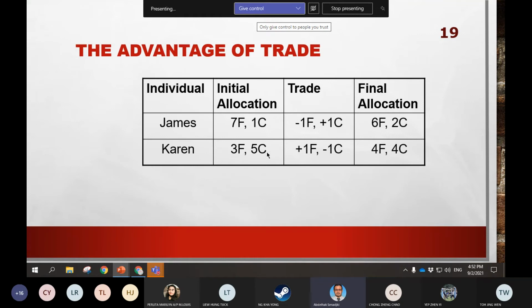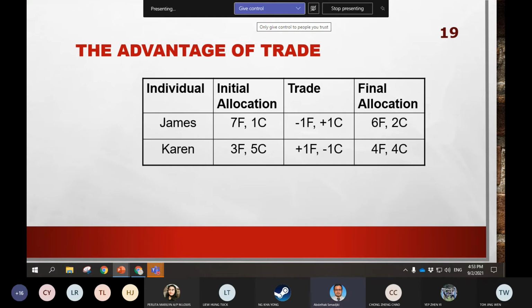But Karen is willing to give up 3 clothes to get 1 food. So James values clothing more highly than Karen does. Whereas Karen values food more highly than James does, because Karen has less food, so she values the food higher. James has more food, so he values the food less.